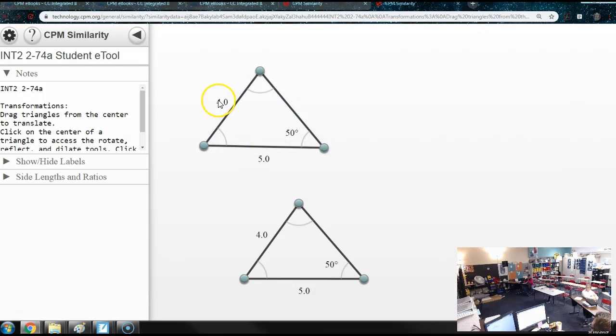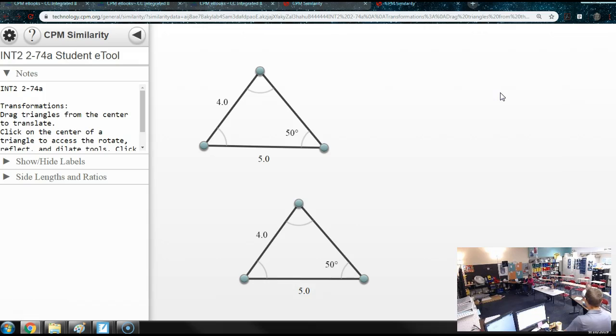Does this work or not? No, but that's only for congruence. I think it would be the same because it's similarity. I think it will. Does side angle work for congruence?